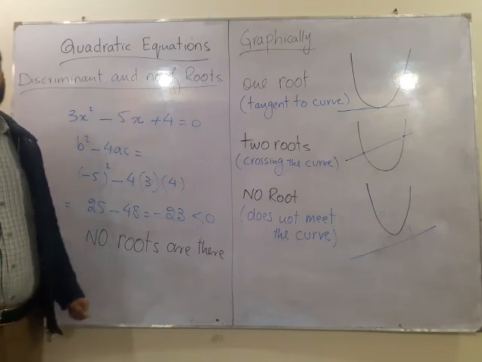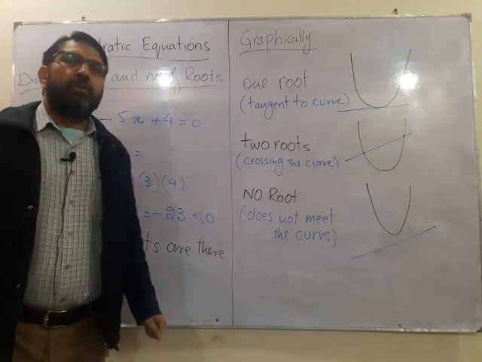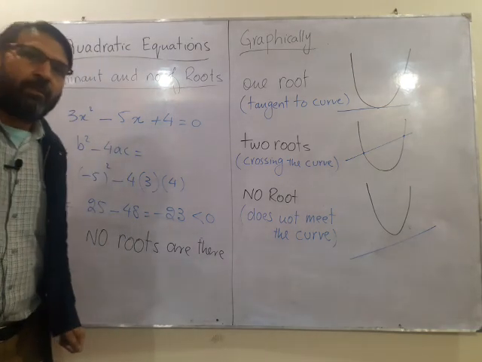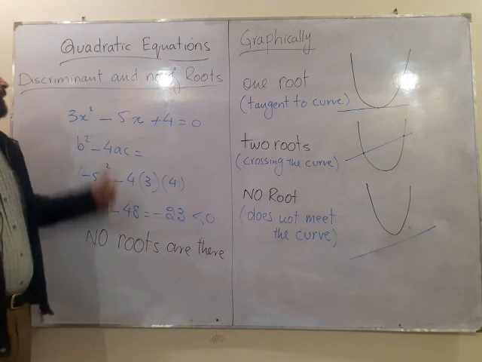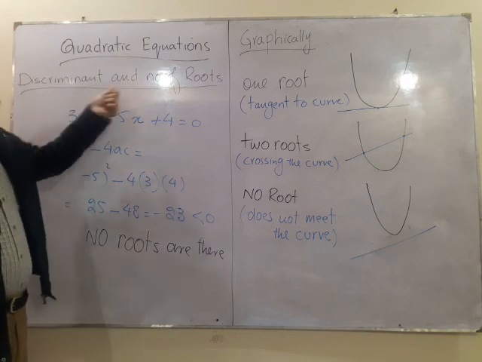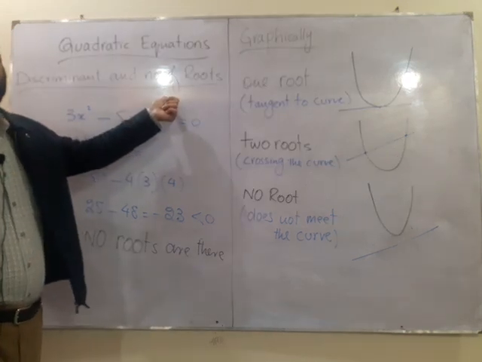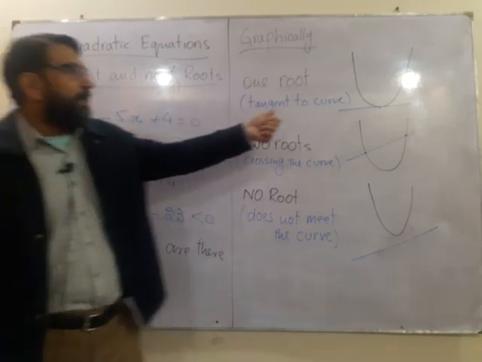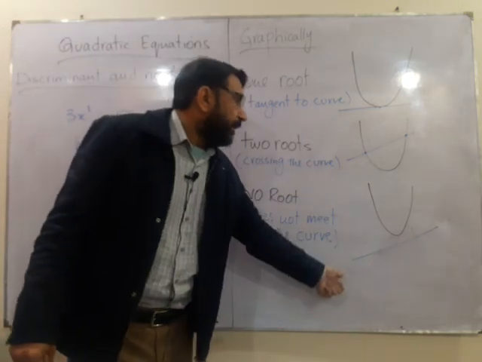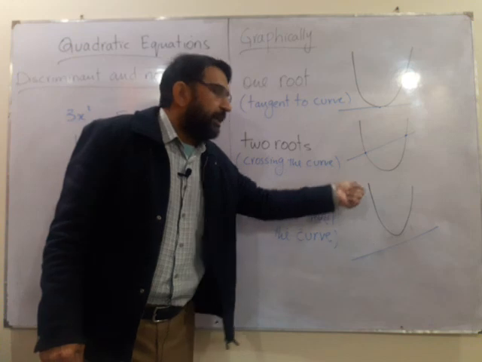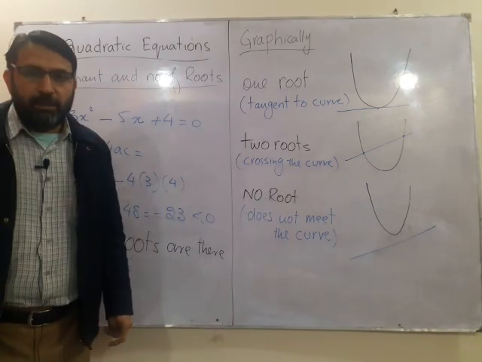I hope with this small session you will be able to understand and apply how to use the discriminant to find the number of roots and the nature of roots, and graphically how you can see that these three conditions are applicable. Thank you.